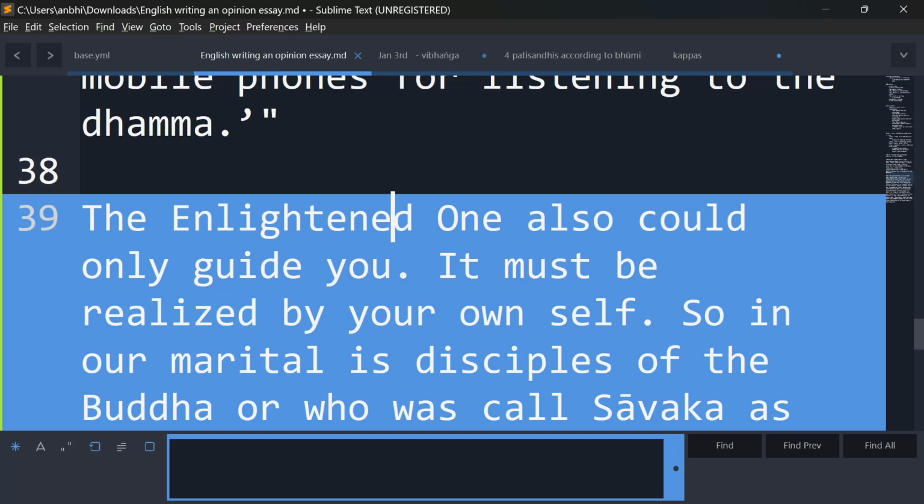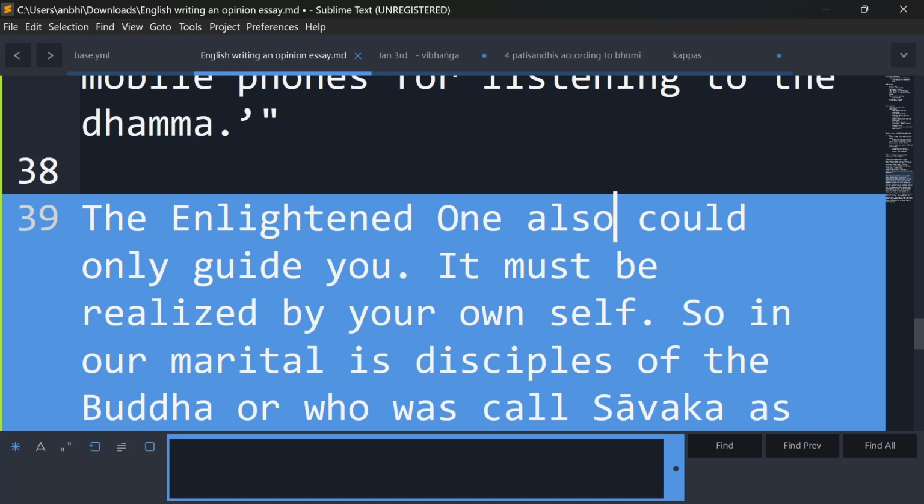Do you see any problem here? Present simple, right? Yes, with the modal could.